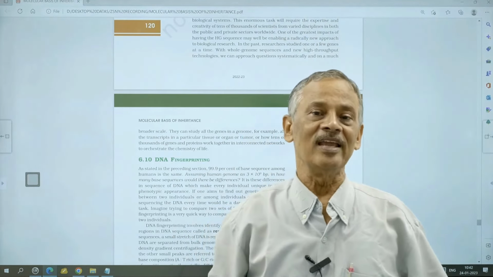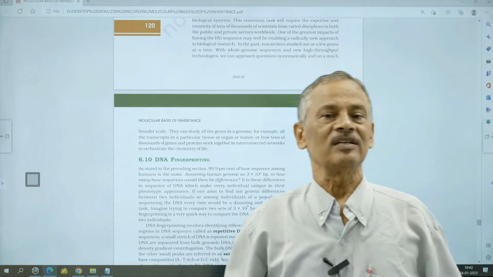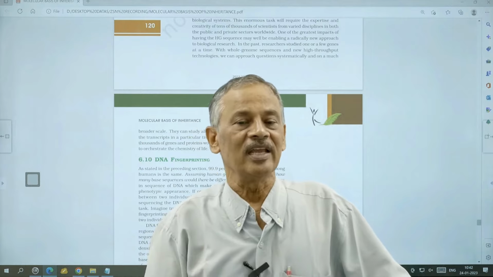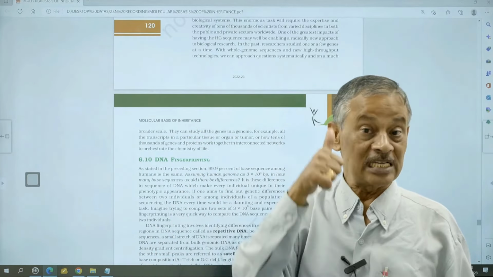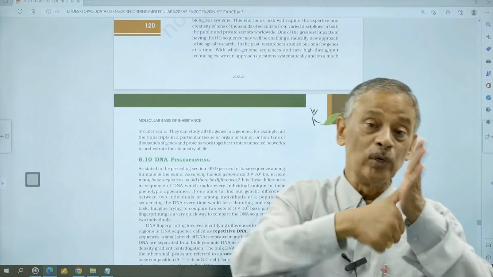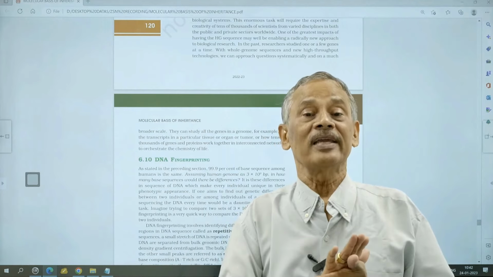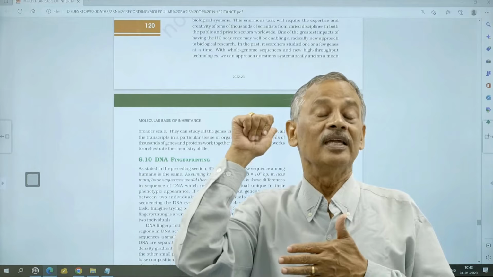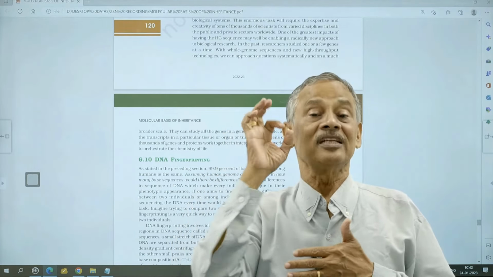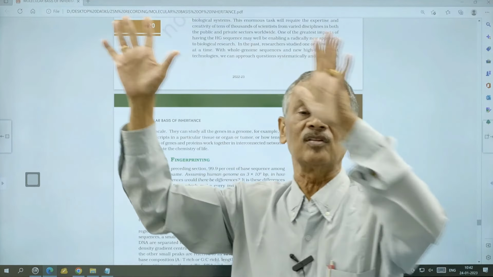This was the idea developed by Alec Jeffreys. And this technique he called DNA fingerprinting, just like our fingerprints, which are unique for us and never change. The characteristics of this part of the DNA in the non-coding tandem repeats will never be repeated in anybody else in this world.